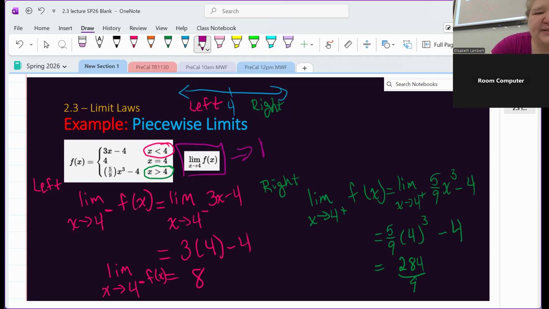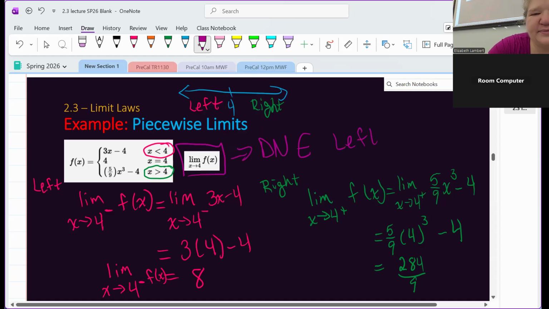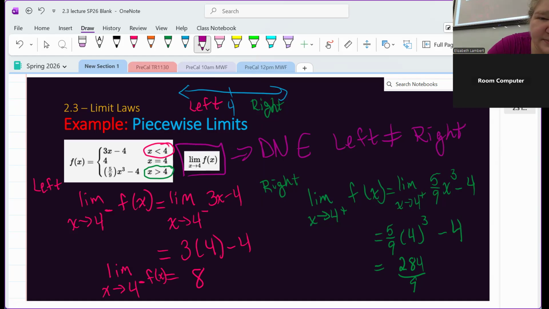So this limit does not exist because the left and the right aren't the same. So this is like the does not equal sign, an equal sign with a line through it. So that's a whole lot of work for no answer.